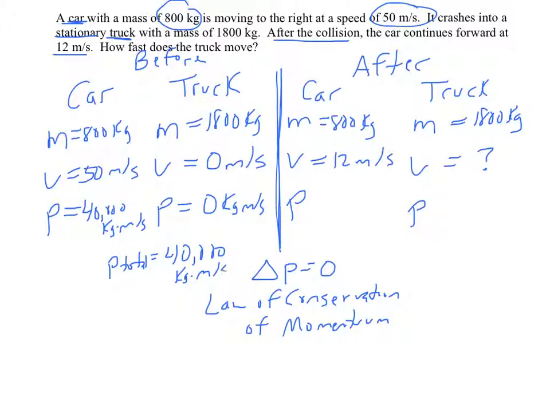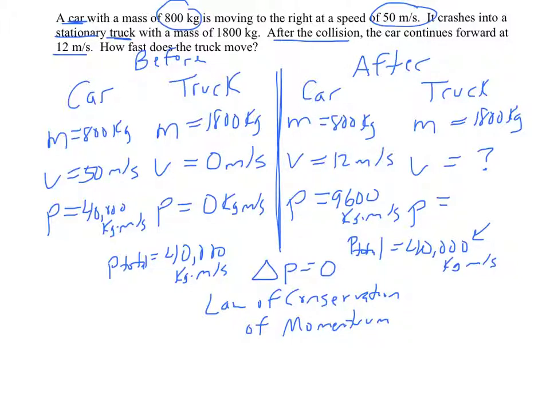And since there's no outside forces, that means the total momentum after the crash will also be 40,000 kilogram meters per second. So the car's momentum after is 800 times 12, or 9,600 kilogram meters per second. And the total momentum was 40,000. So how much momentum does the truck need to make that work? Well, we'll take the difference between 40,000 and 9,600.